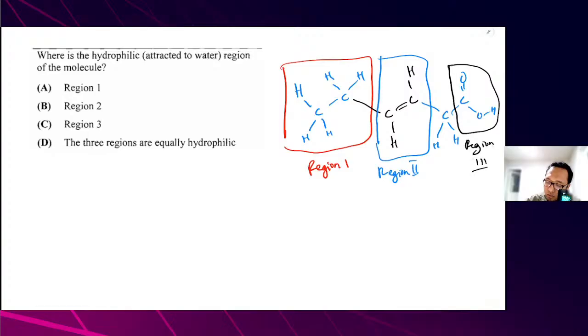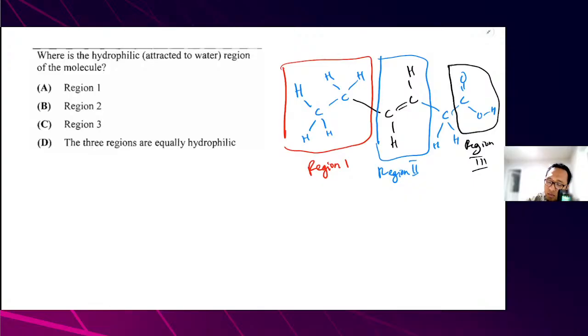Where is the hydrophilic, water-attracted region of the molecule? So how do we solve this problem? First, we need to know that region 1 is a hydrocarbon chain of two carbons and their hydrogens.